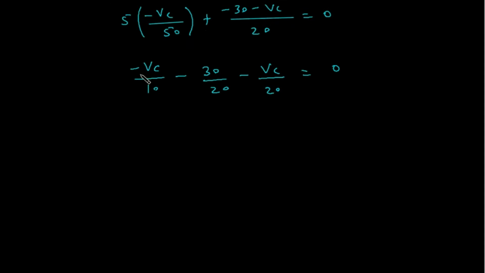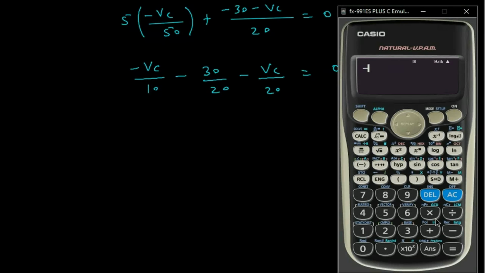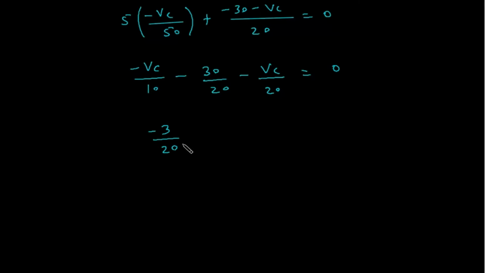So this is equal to minus 1 by 10 minus 1 by 20, which is minus 3 by 20. So minus 3 by 20 Vc minus 30 by 20 is equal to 0. So minus 3 by 20 Vc is equal to 30 by 20.